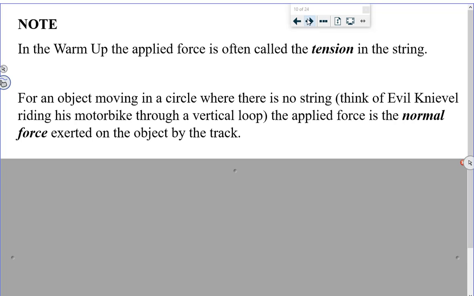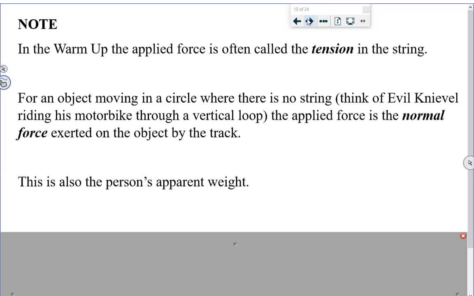So if you've ever, as a child, played with Hot Wheels, you can get little cars going through vertical circular tracks if they're moving fast enough. And the normal force, also known as the applied force, also known as the apparent weight, those are all the same things. So the apparent weight is the normal force, which is the applied force.